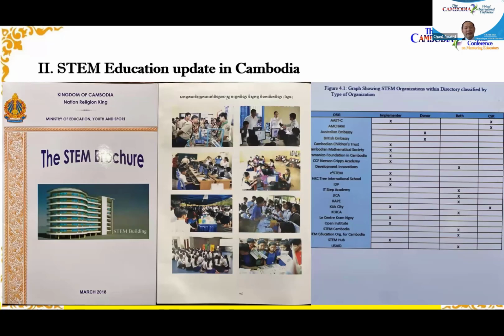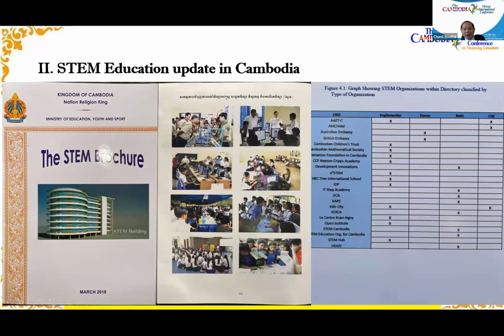And unfortunately, in 2020, COVID arrived and we could not organize it. But in 2021, we will organize the festival online, to be held from 13 to 15 December 2021.